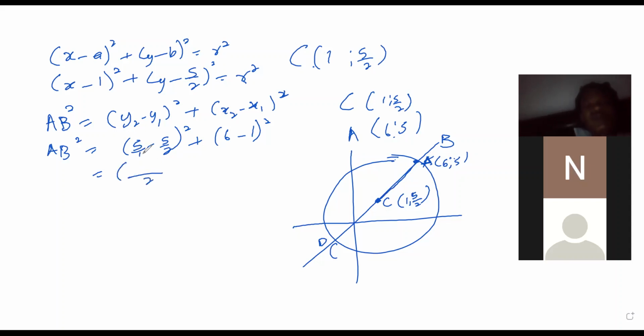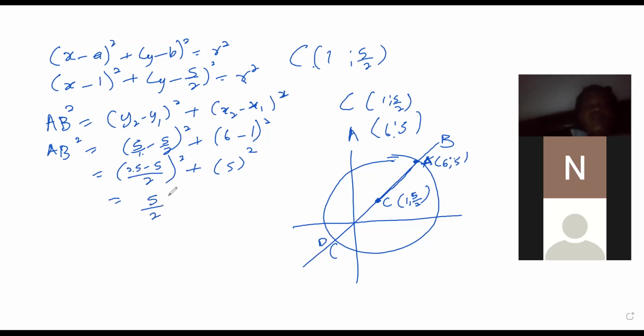So we've got over 2. 2 times 5 minus 5. Is that true? Yeah. Squared plus 5 squared. No, this is 2 times 5, 10 minus 5, which is 5.